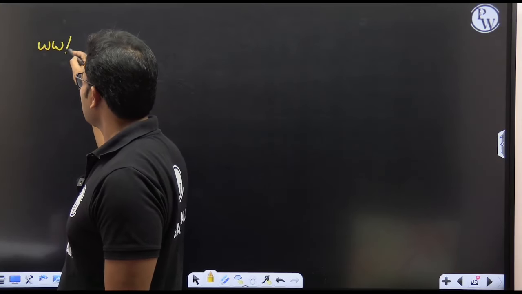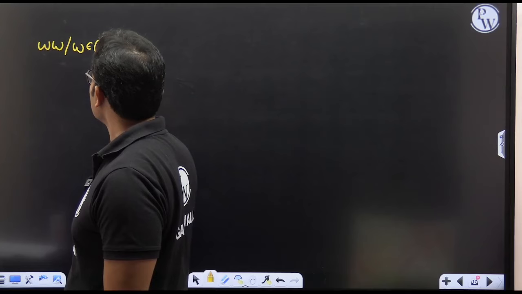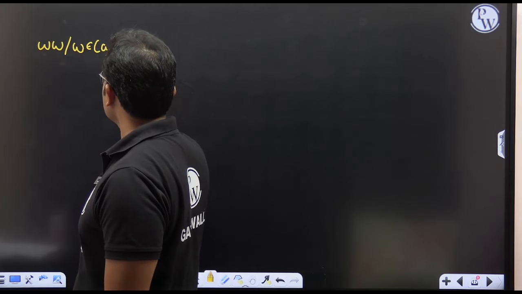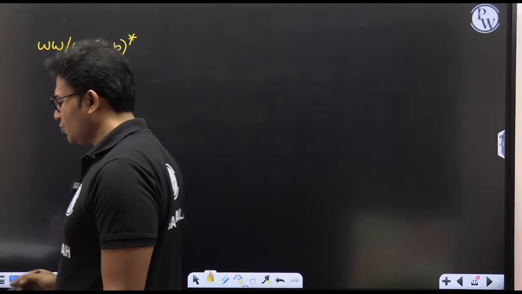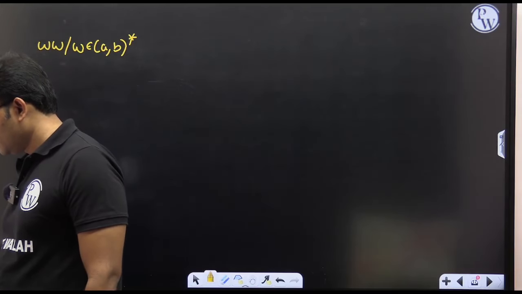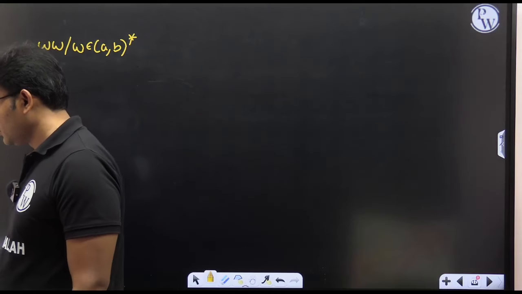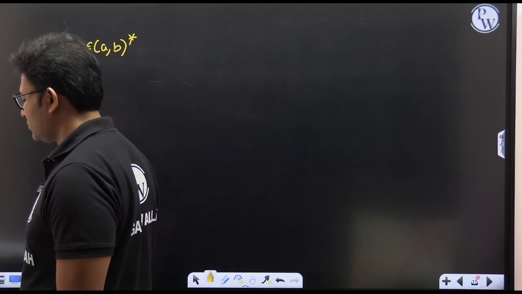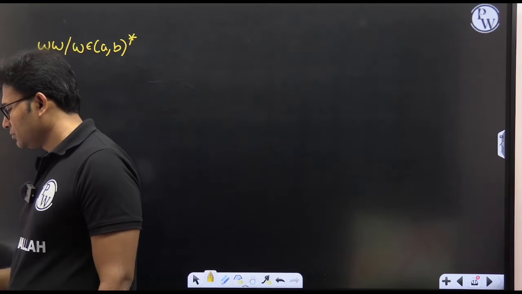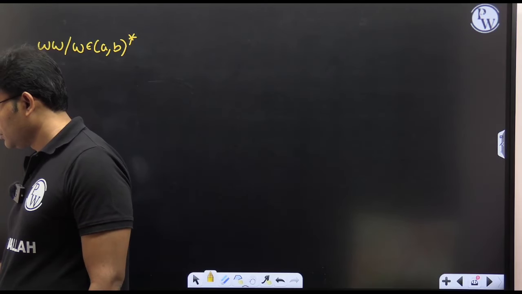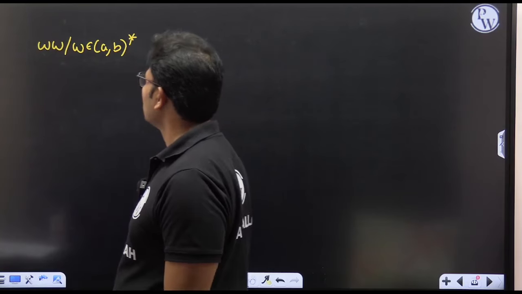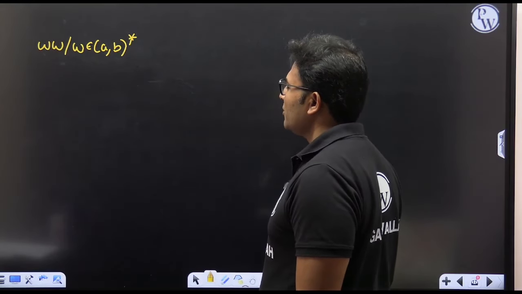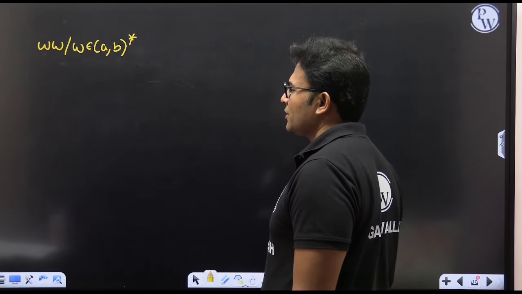WW such that W belongs to {A, B} star. So this is not W W power R. You may think that context-free languages can do it.